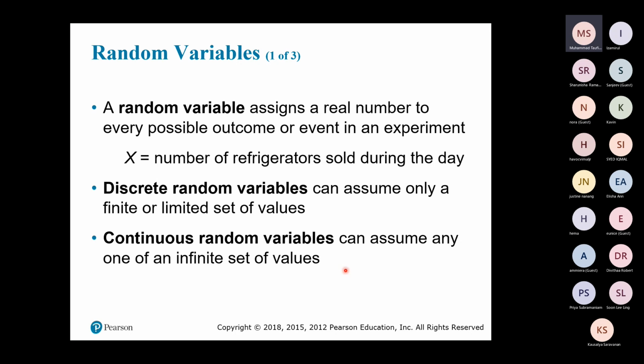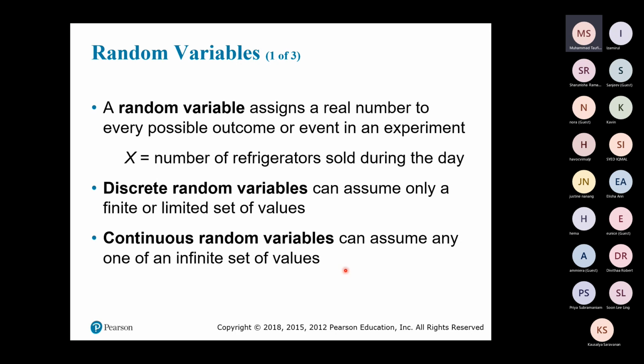Okey? And kemudian kita ada random variable. So random variable assign a real number to every possible outcome or event in an experiment. Okay, so what is random variable? So variable adalah pemboleh ubah. Kalau dalam bahasa Melayu dia adalah pemboleh ubah. Nama tu ada padanan ubah. Jadi dia punya value tu berubah-ubah.